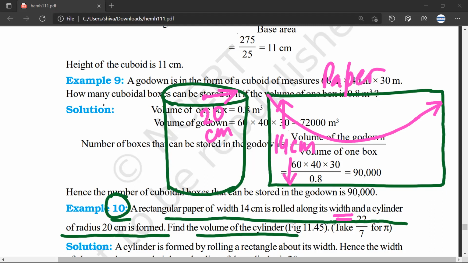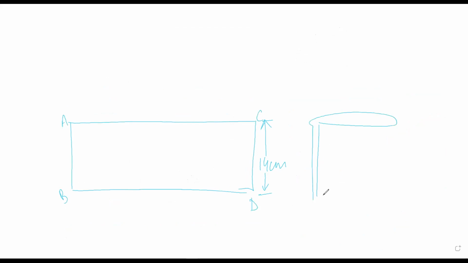Let us see this on a separate paper. So you have this paper. Now the width of the paper is 14 centimeter. Now you roll it like this so that this A, B, C, D, if this is a paper, you roll it like this. Approximately this is how the figure looks like.